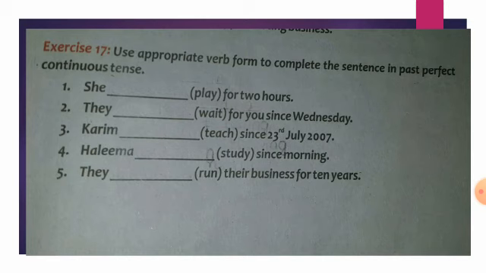And you know that in past perfect continuous you have to just use had. They had been waiting for you since Wednesday. Kareem had been teaching since 23rd July 2007. Halima had been studying since morning. They had been running their business for 10 years.